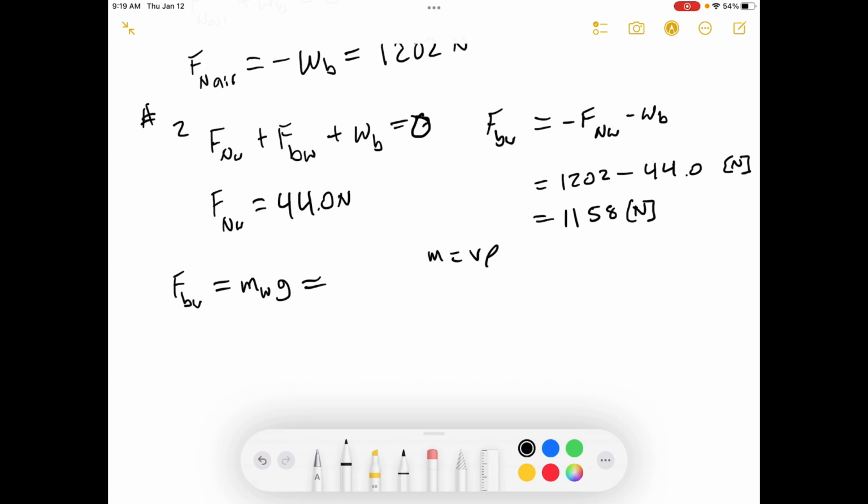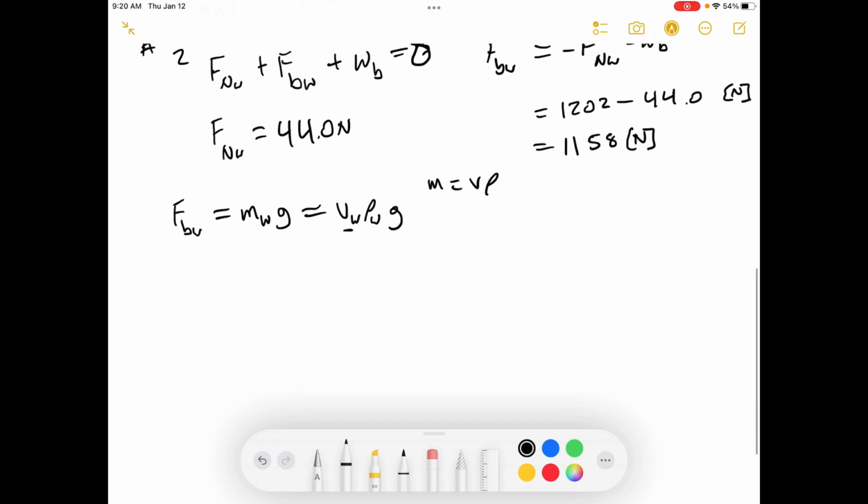So we can convert this into the volume of the displaced water times the density of the water times the acceleration due to gravity. What we're trying to solve for is his body density, which is equal to his mass over the volume that his body displaces. We already know his mass, so we're just trying to figure out what his volume is. And we've got a way to solve it right here. So let's solve for that.